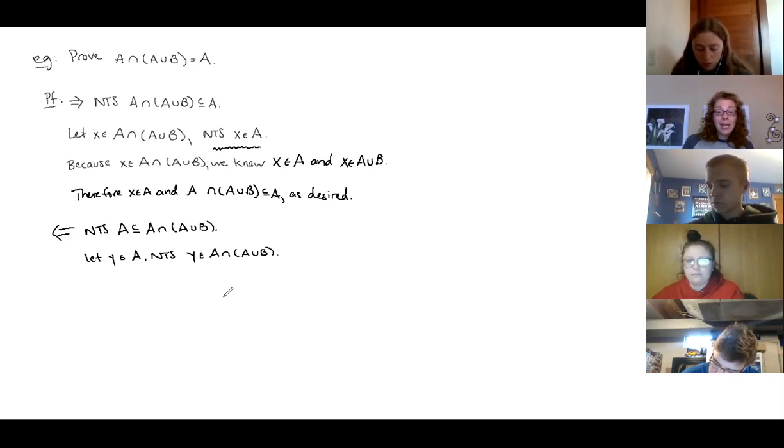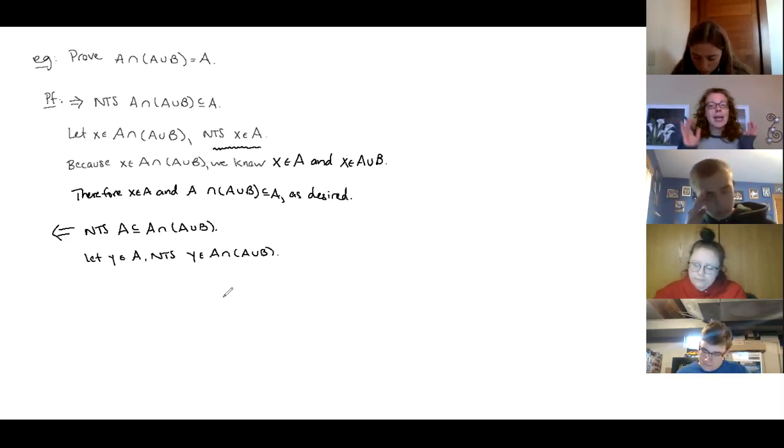I'm going to go with Y this time. Again, if you use X, it's not wrong, but going with Y helps me to remember that I don't have any prior knowledge from the previous part of the proof. I can't use anything that I had in the forwards direction.